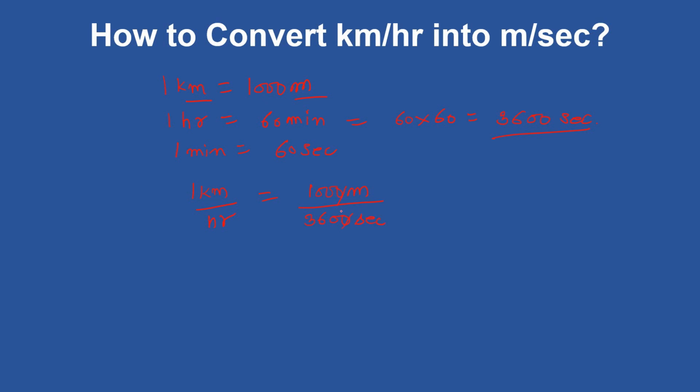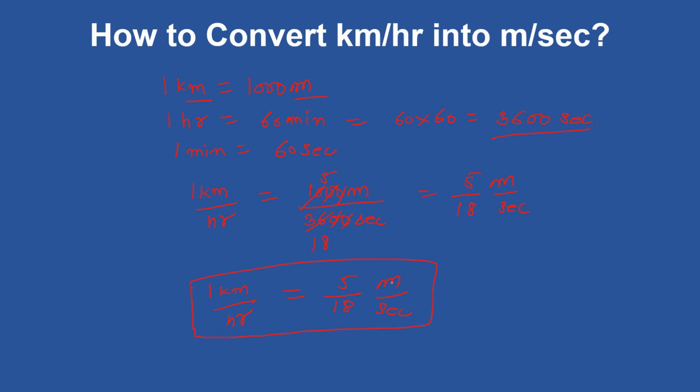So 1000 by 3600 is 10 by 36, so it is 5 by 18 meter per second. So this is the formula. 1 kilometer per hour is equal to 5 by 18 meter per second, right?